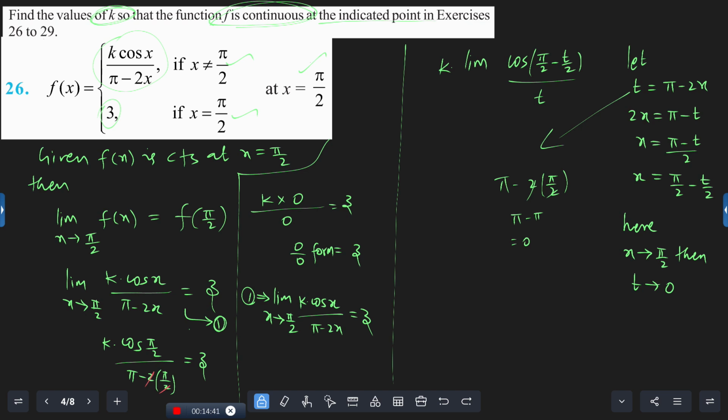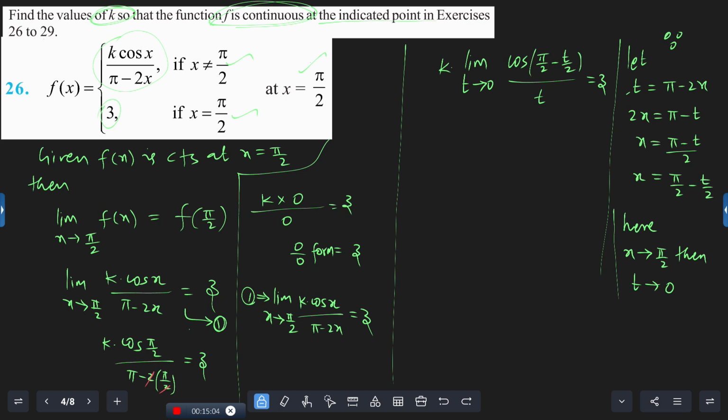So x tends to pi by 2 means t tends to 0. The limit changes. So this is equal to 3. Everything you should write in the t place. Be careful.